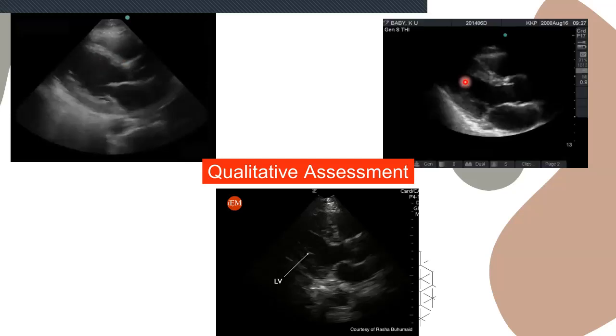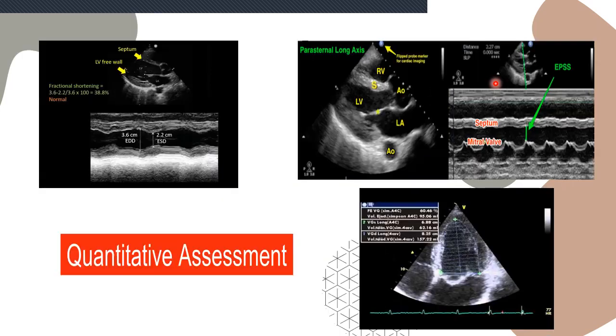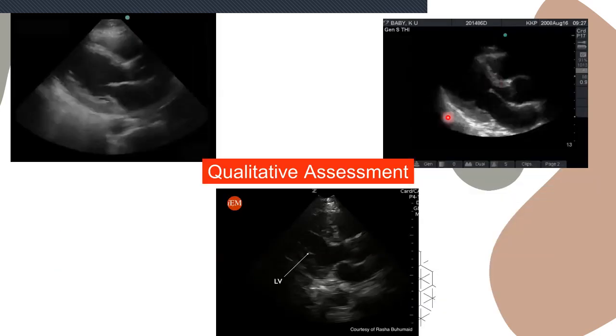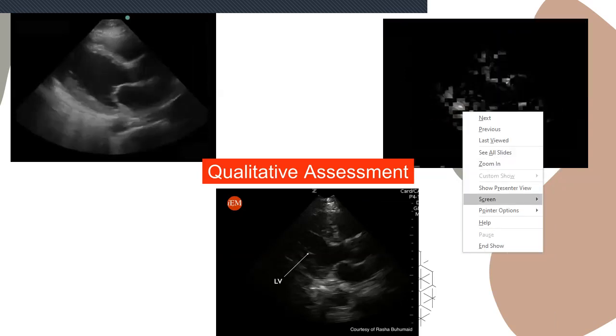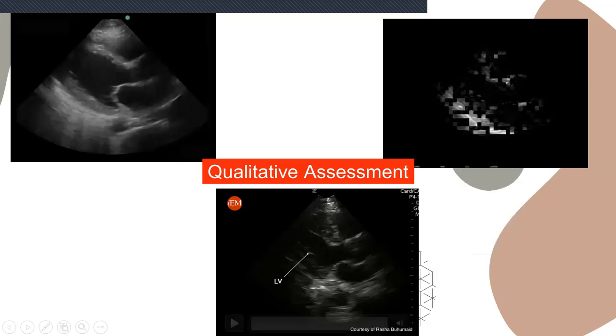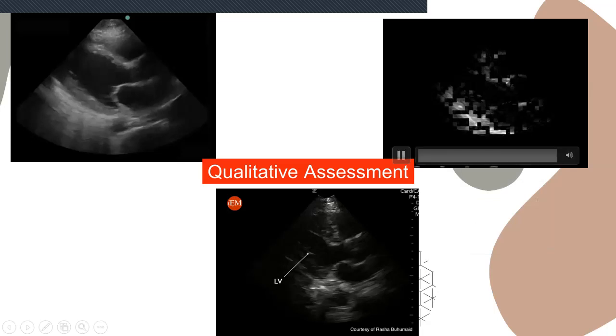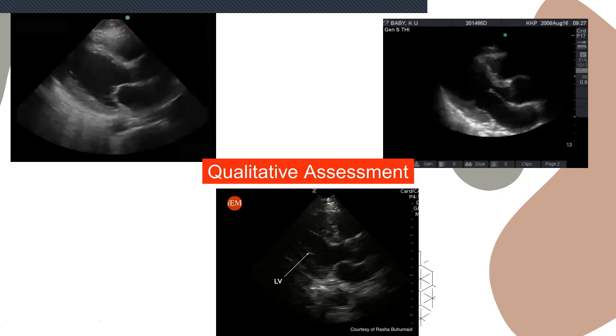And then look at this heart. This is a hyperdynamic heart. The mitral leaflet is touching the septum.